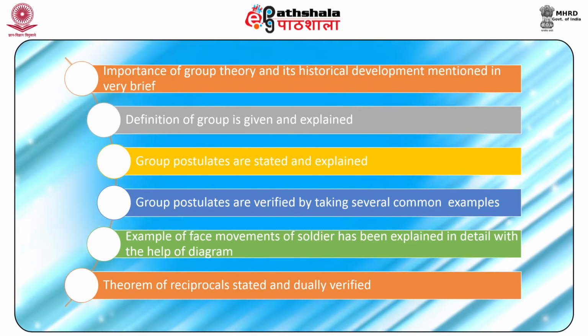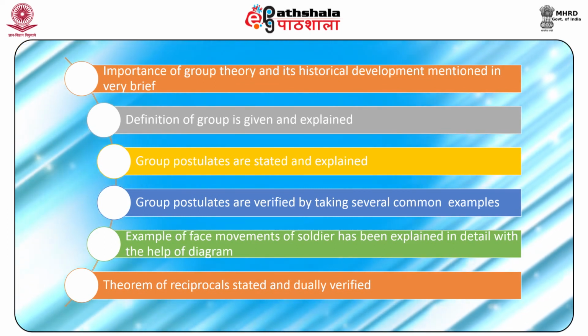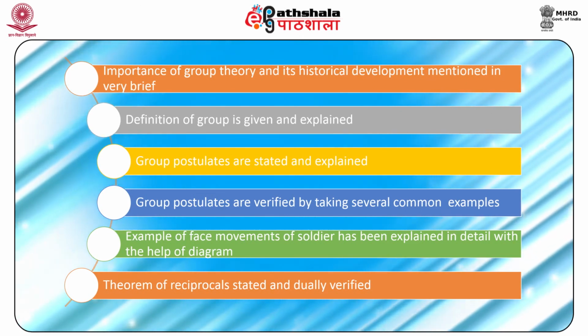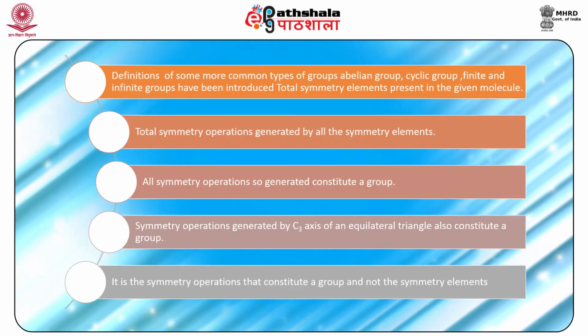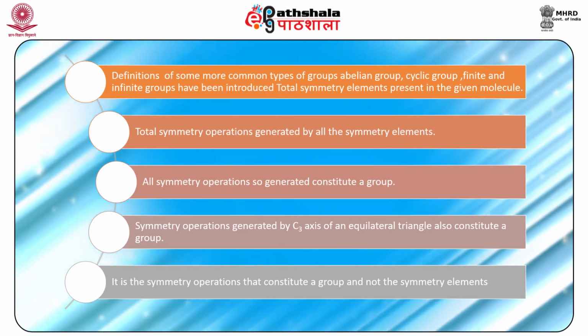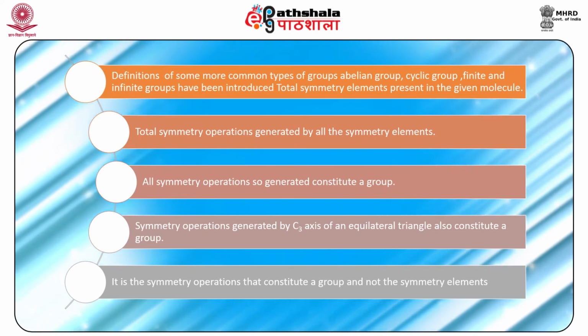Example of phase movement of soldier has been explained in detail with the help of diagrams of a soldier. Theorem of reciprocal stated and duly verified. Definition of some more common types of groups: abelian group, cyclic group, finite and infinite groups have been introduced.